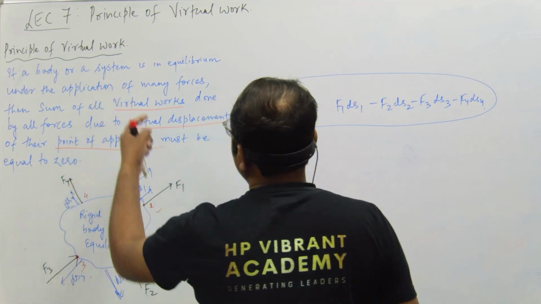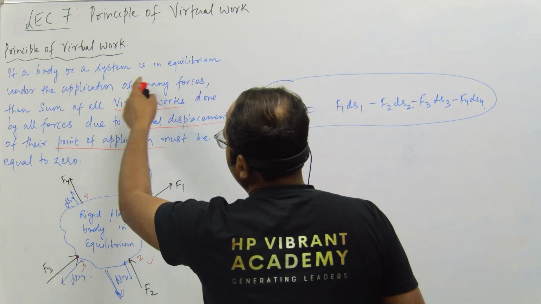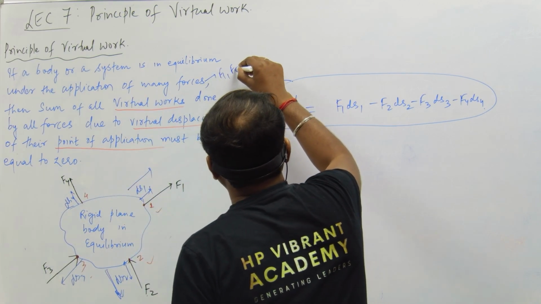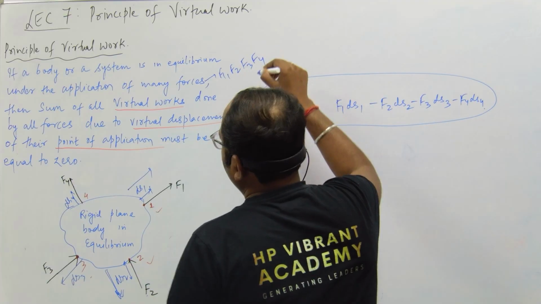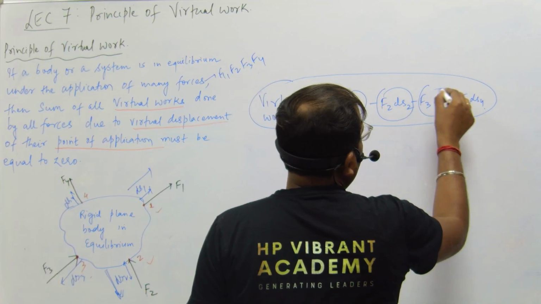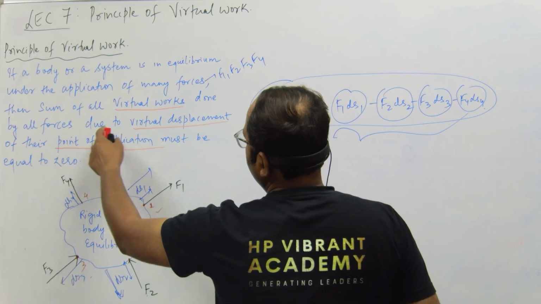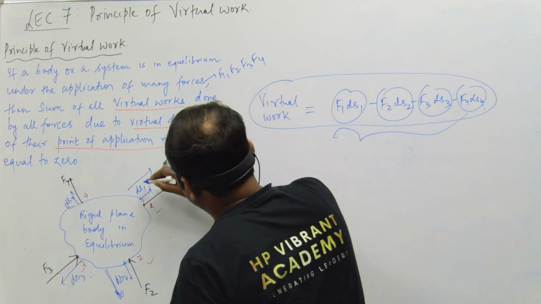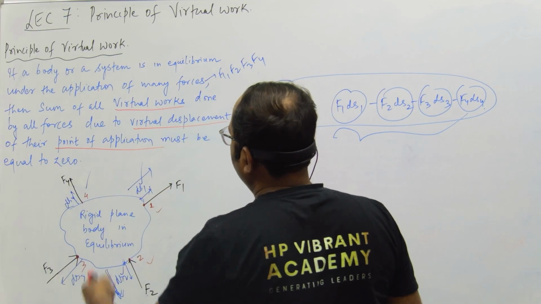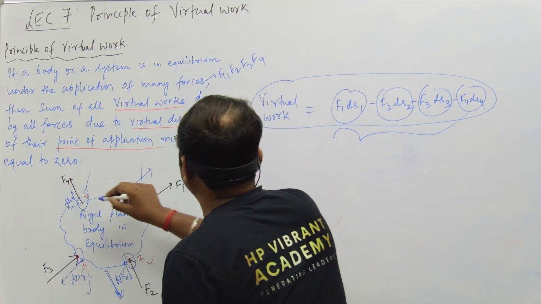Based on the principle of virtual work, let us recall that if a body or a system is in equilibrium under the application of many forces, here F1, F2, F3 and F4, then the sum of the virtual works by all forces due to the virtual displacements ds1, ds2, ds3 and ds4 of their points of application, point 1, point 2, point 3 and point 4, must be 0.